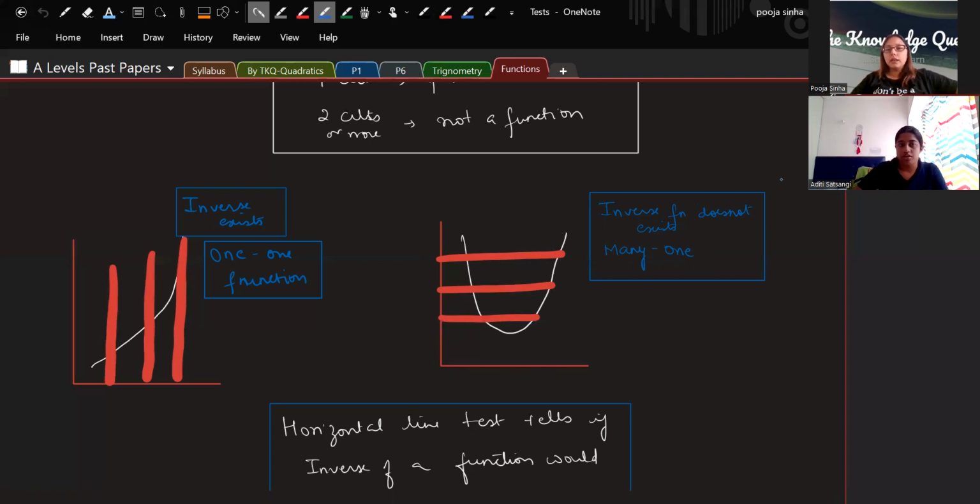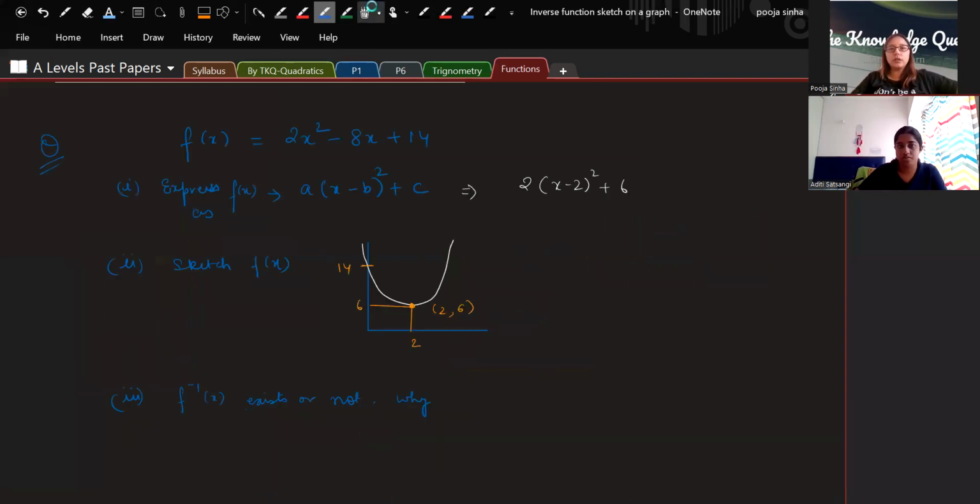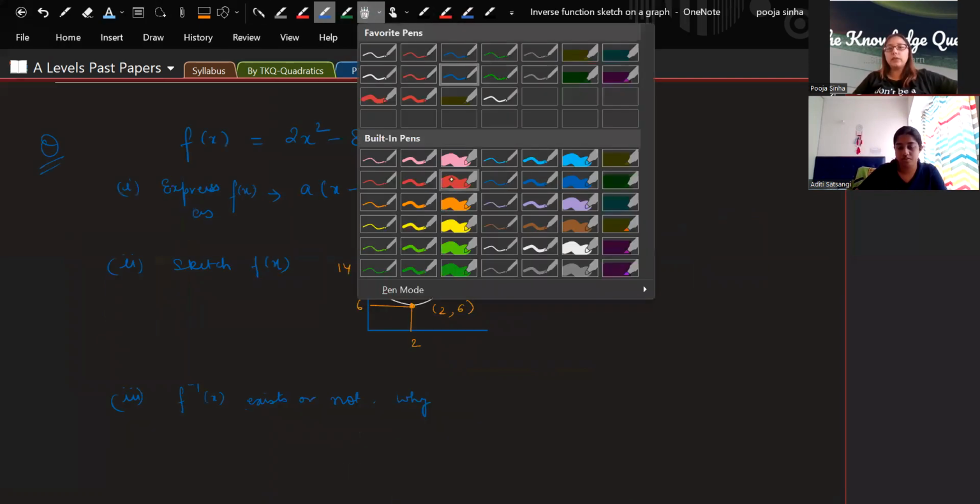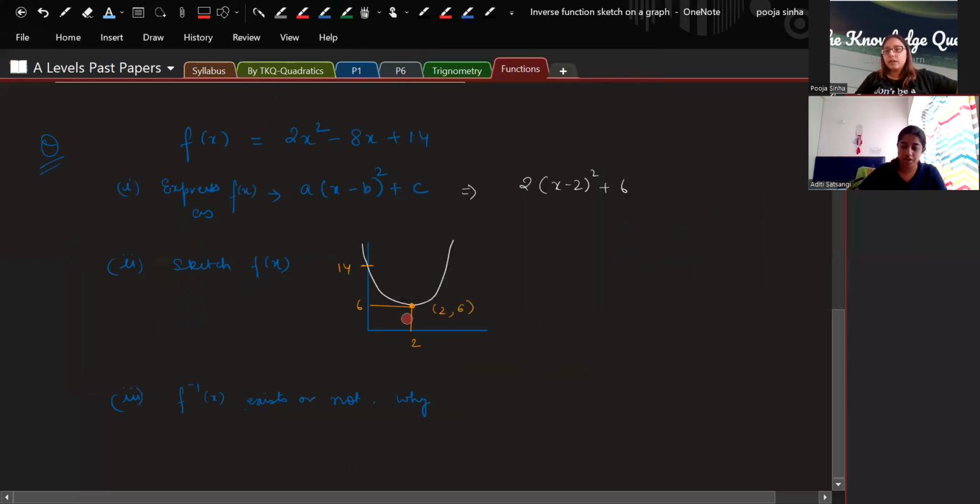Because you understood the concept now, right? So let's look at this one. Which test do we need to do for this? It will be the horizontal line test. So let's do a horizontal line test here. Now it is cutting at two places. So what do I write now?